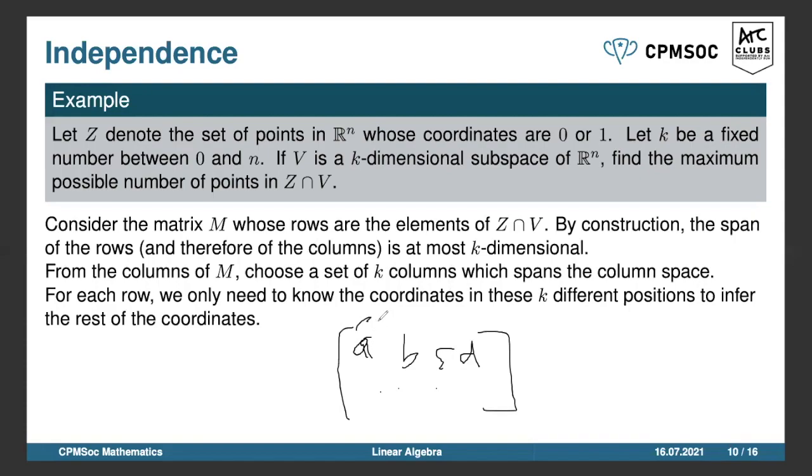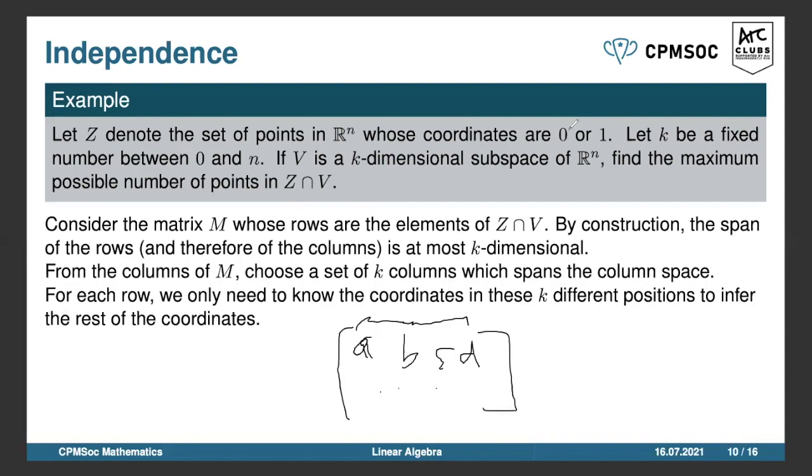Because we're picking these first k columns to be a set, not necessarily a basis, but a set that spans our column space, we'll say they're the first k columns. Because the rest of the columns are a linear combination of these first k columns, if we know these first k, which have to be 0 or 1 because they're in the intersection, then we know the rest of them. So we only have to pay attention to these first k.